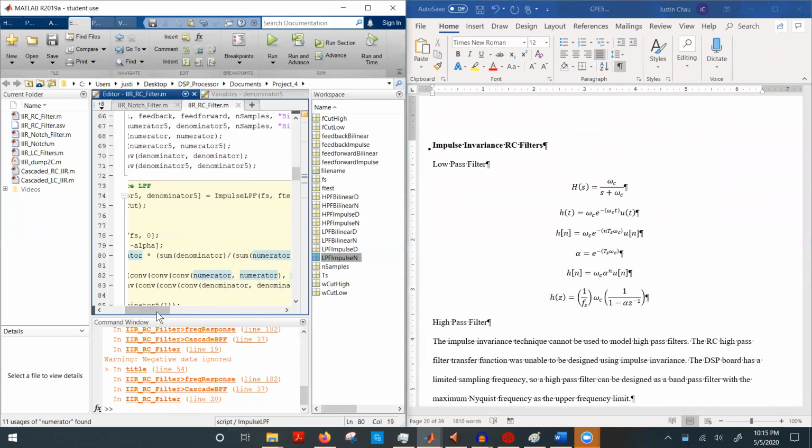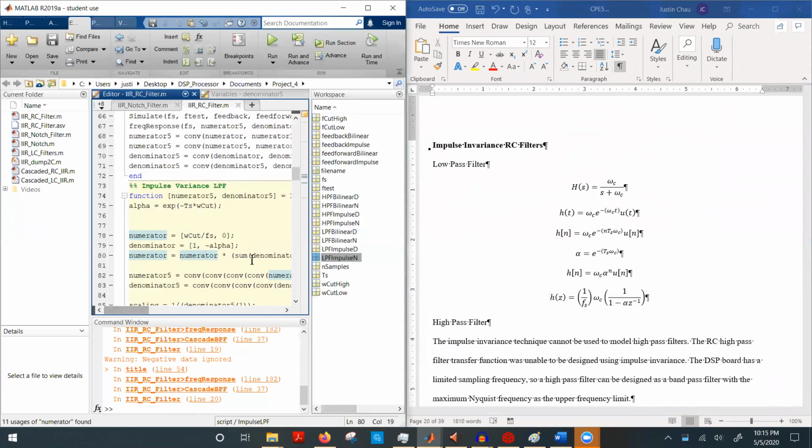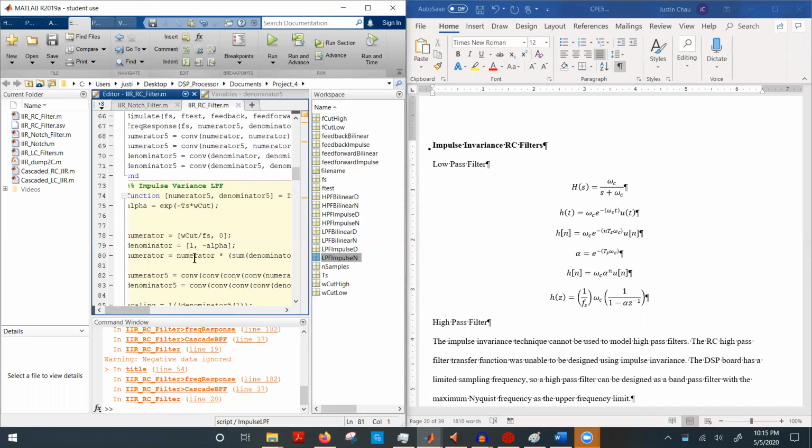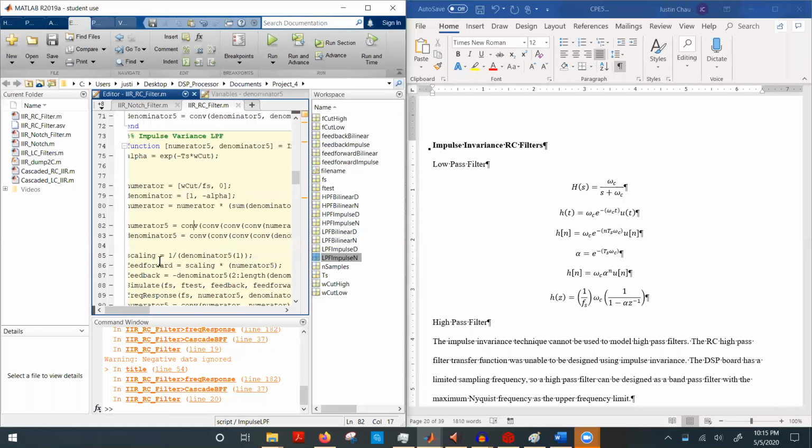This DC scaling is just to make sure that the gain is 1 when the frequency is 0. Then here you see I have a bunch of convolutions. I perform multiple convolutions with each other to multiply the filter by itself to get the higher order filters. Then I perform some scaling, and then I generate the feed forward and feedback.